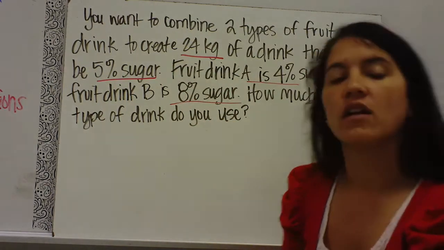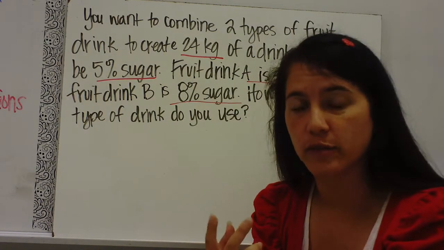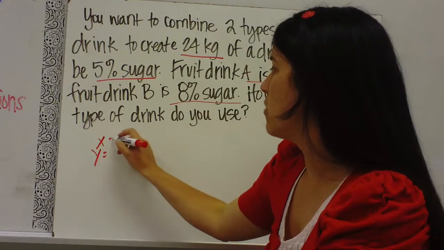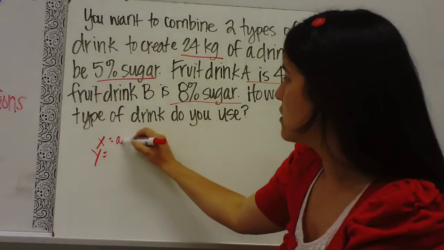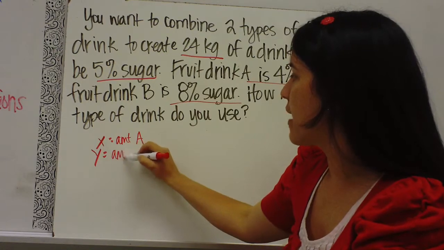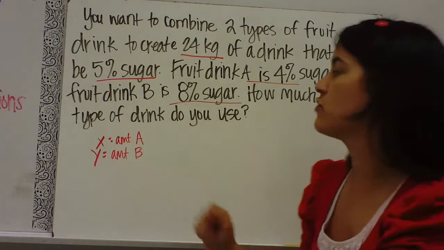To solve these chemistry type problems, we need to set up 2 equations like we've been doing. We have to define the variables. So we're going to define x as the amount of drink A, and y as the amount of drink B. That's what we're trying to find, how much of each type of drink.